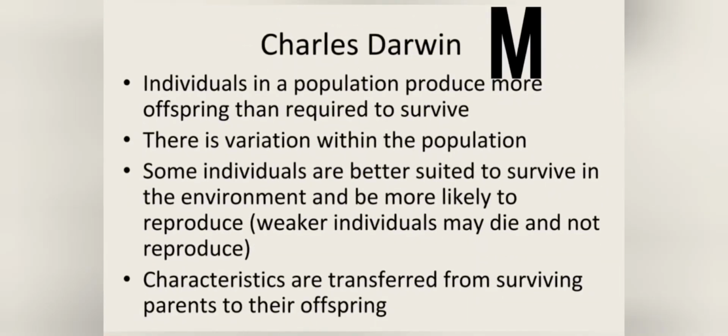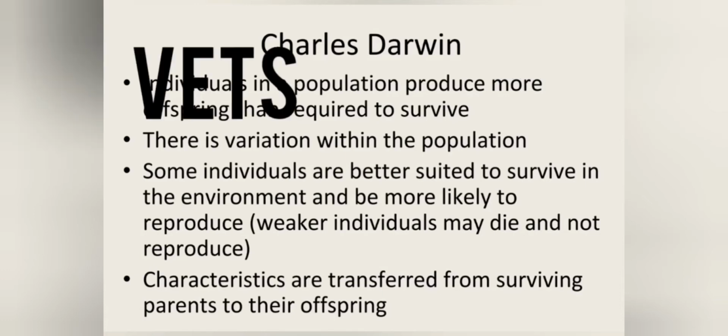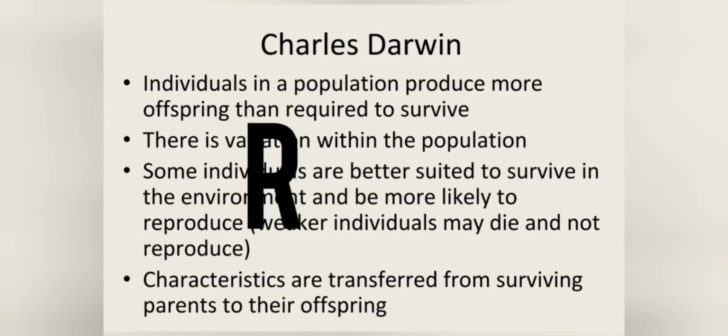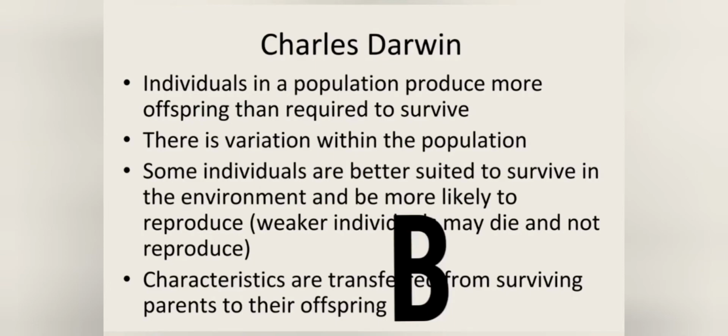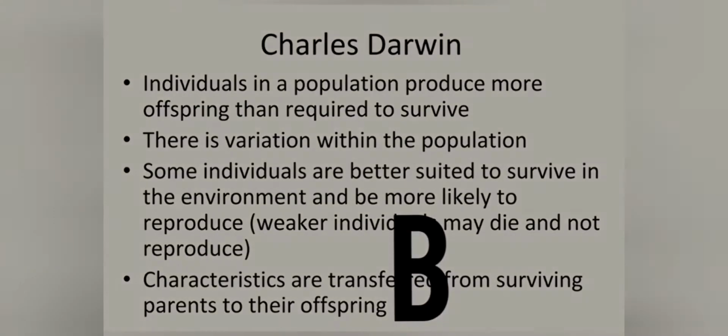So the M is going to remind us that more offspring are born than can survive in the environment. Each of the V, E, T, and S is for variations, environment, traits that are suitable. The R in rescue is for reproduce, and then the B is for babies, in other words, the offspring.